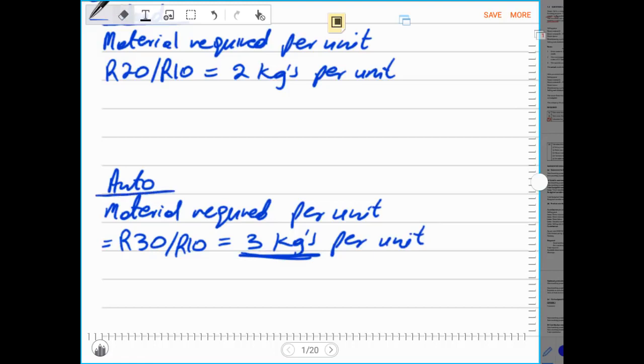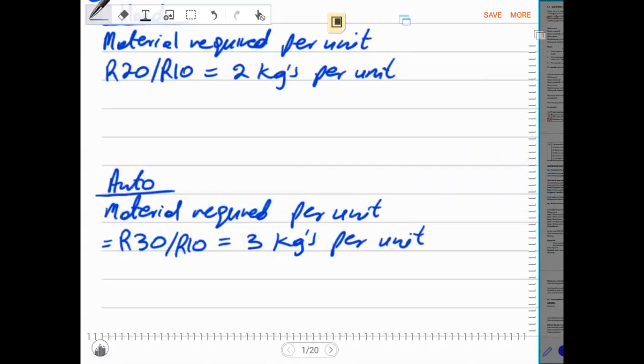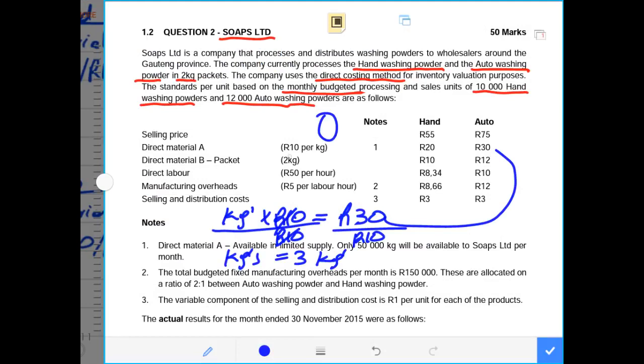Remember, this is only material A. So now that has been clarified. That means the cost per kg of material A is the same for hand washing powder and auto washing powder, meaning the cost of material A is 10 Rand to both products.